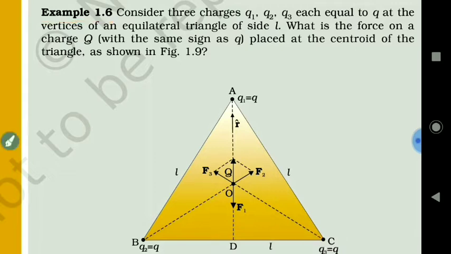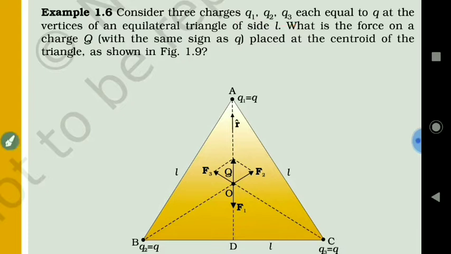Here an equilateral triangle is given, and on the vertices of this triangle the charges Q1, Q2 and Q3 are kept.